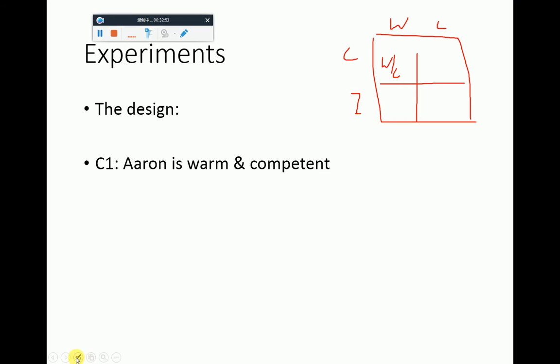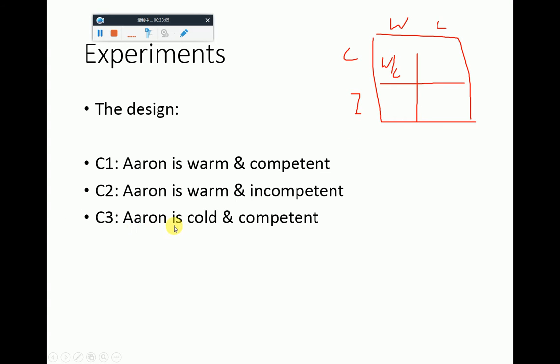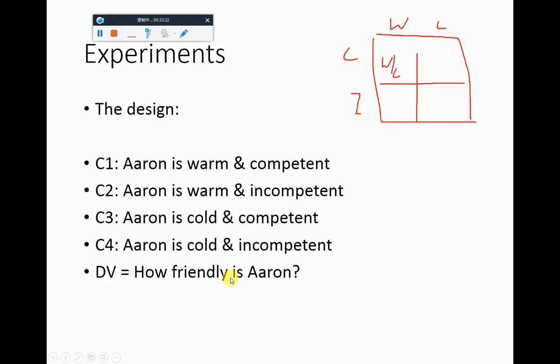And then we have a second condition in which we describe Aaron as warm and incompetent. This will be condition 2. Aaron is cold and competent. So condition 3. Aaron is cold and incompetent. Condition 4. Okay, and then the dependent variable is how friendly is Aaron.